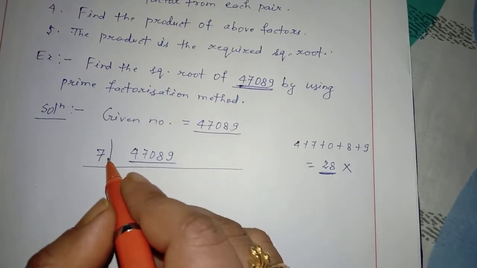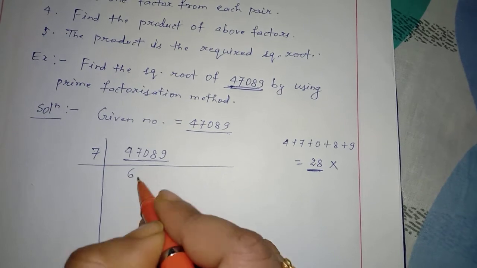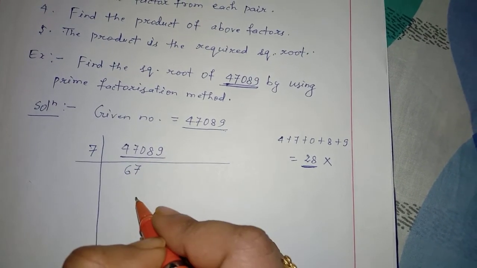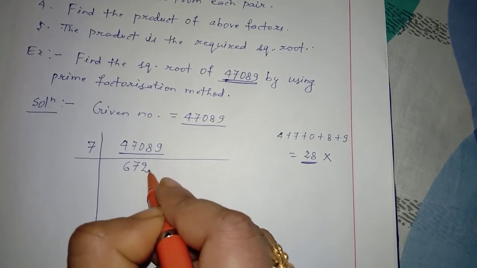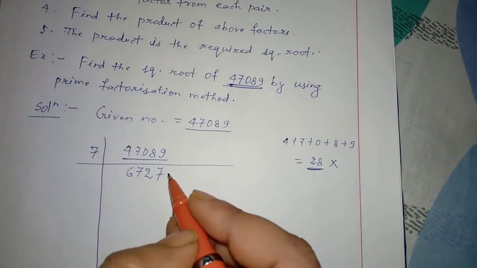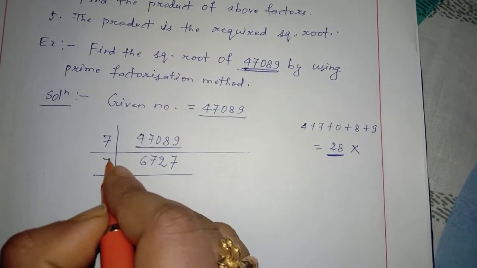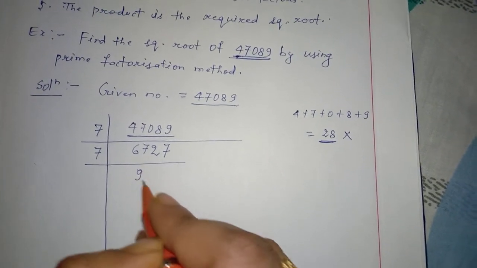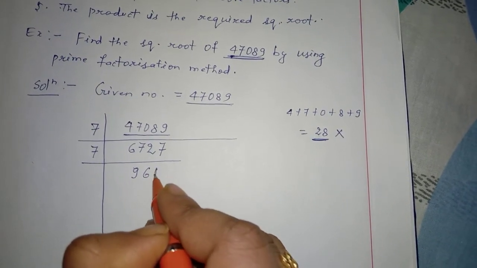If we divide it by 7, then 7 6s are 42. Again 7 7s are 49, 7 2s are 14, and 7 7s are 49. Now again by 7. 7 9s are 63, 7 6s are 42, 7 1s are 7.